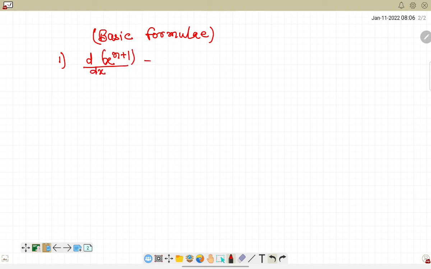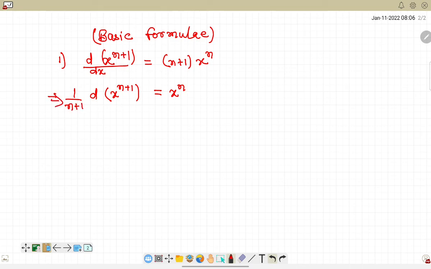So we can easily write, if we differentiate this complete value, then we will get (n plus 1) times x raised to the power n, where n is some constant value, or some natural number, or maybe fractional. Shifting this dx to the right-hand side, the differentiation of x raised to the power n plus 1 is equal to x raised to the power n, and 1 upon n plus 1 can come to the left-hand side. In this way we can write.